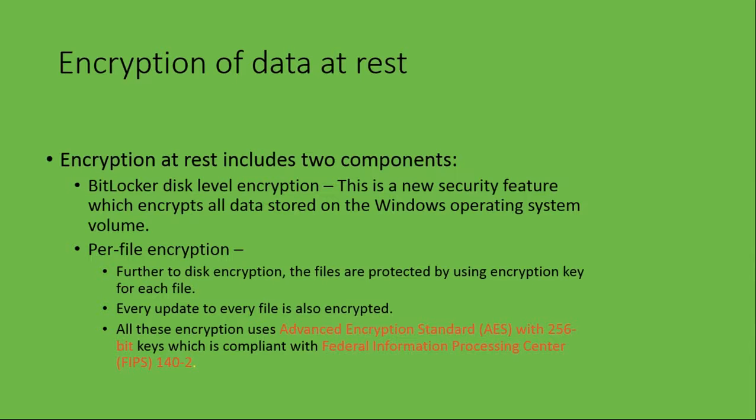Also, the files which we upload in SharePoint are encrypted as well. So first the disk is encrypted, and every file is also encrypted. All these encryptions use the Advanced Encryption Standard, AES, with 256-bit keys, which is compliant with Federal Information Processing Standard FIPS 140-2. We are not going into the detail of AES and FIPS in this presentation.